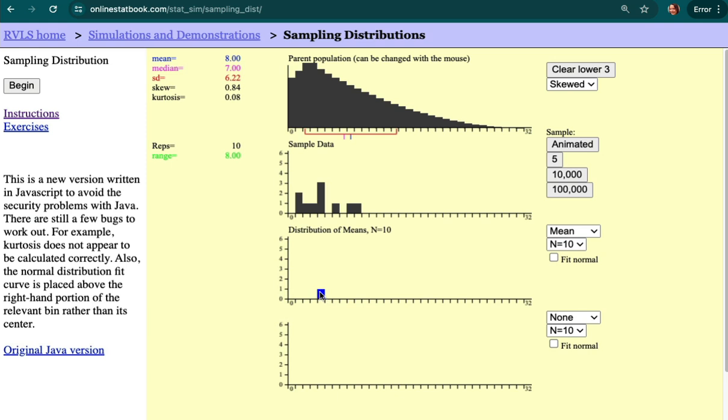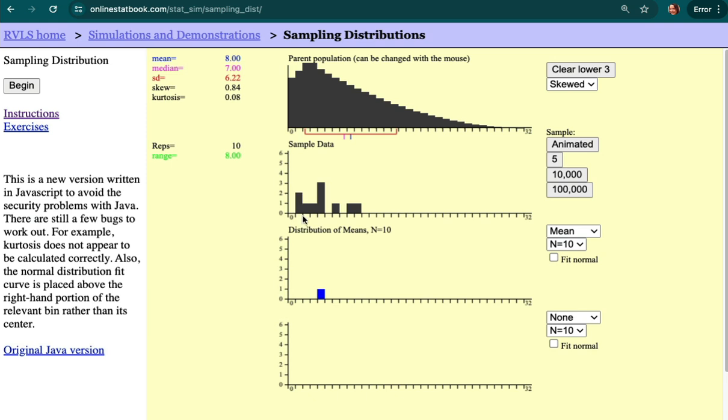Okay, that's the sample mean. So the x's themselves are distributed here in the second graph. The heights tell us how many x's there were in each of these bins.